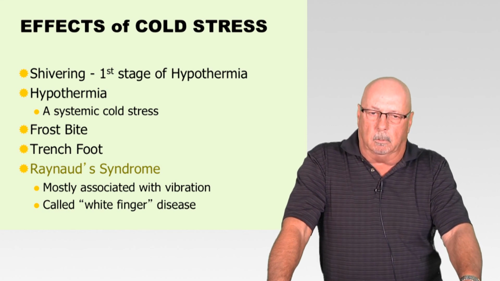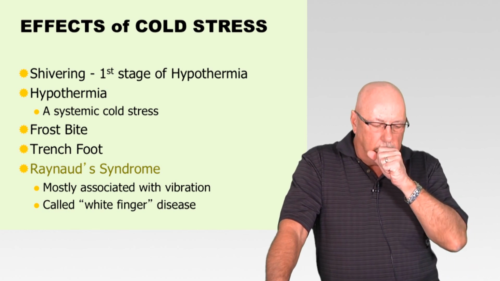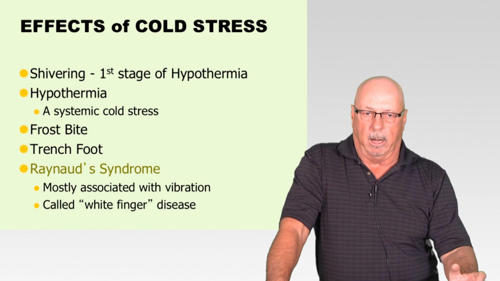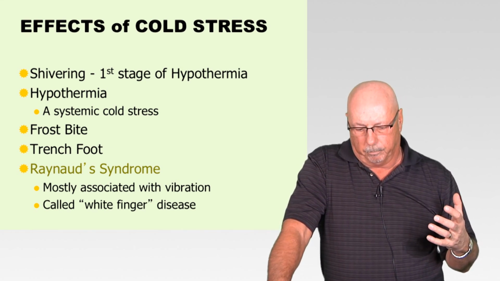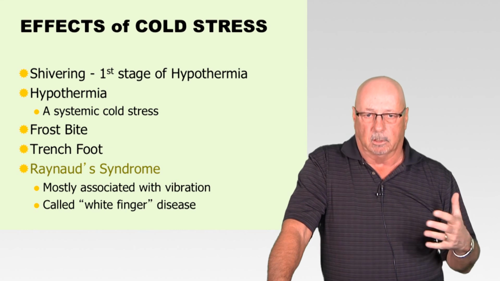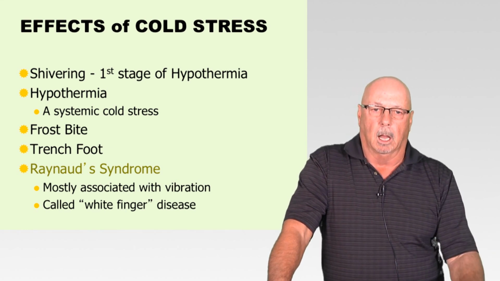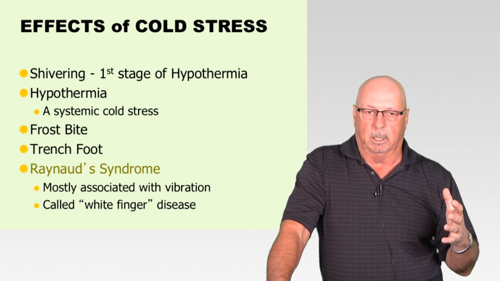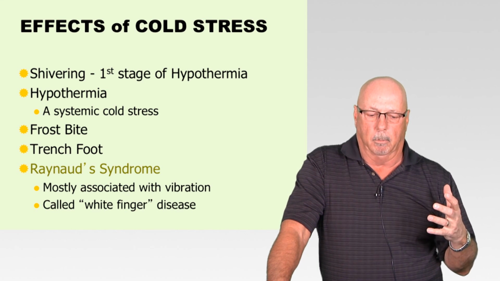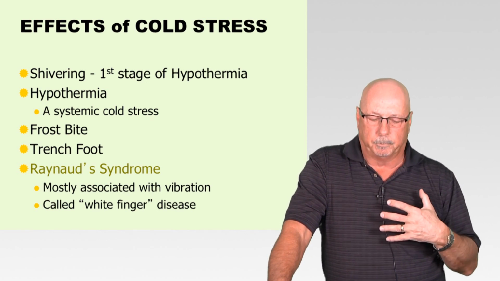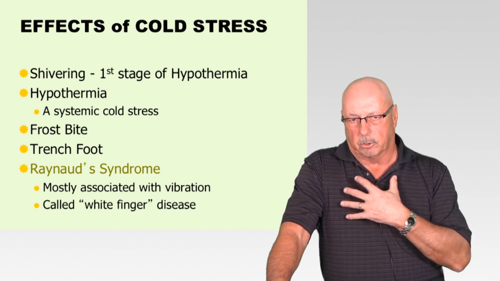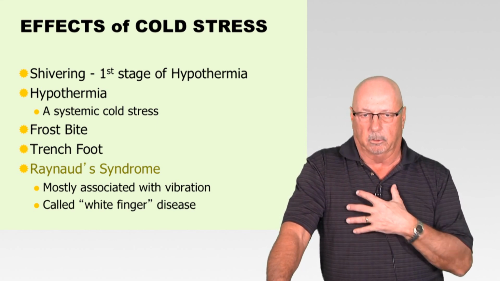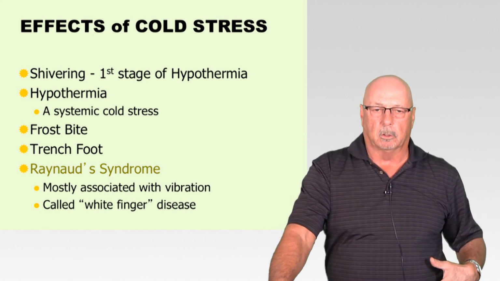One of the first parts of your body that are going to be impacted are your hands and feet, your extremities. And the reason being is that the blood in your body is going to focus circulation around your internal body core temperature.